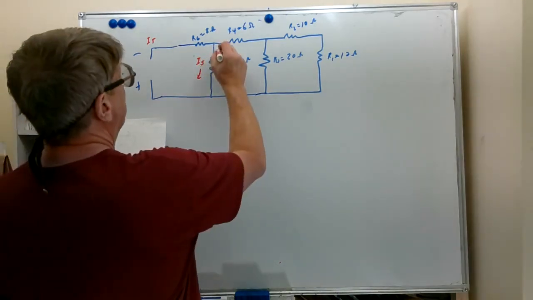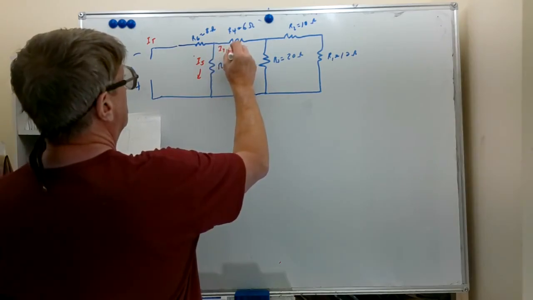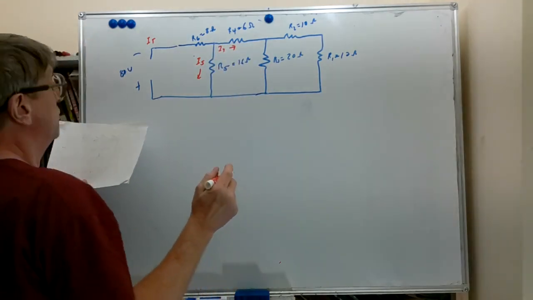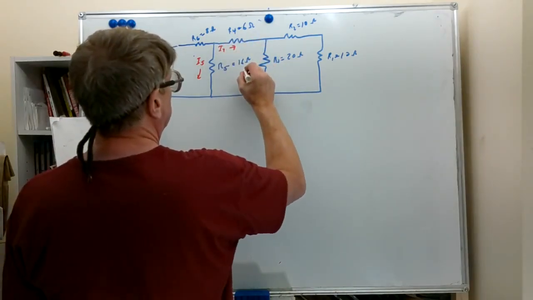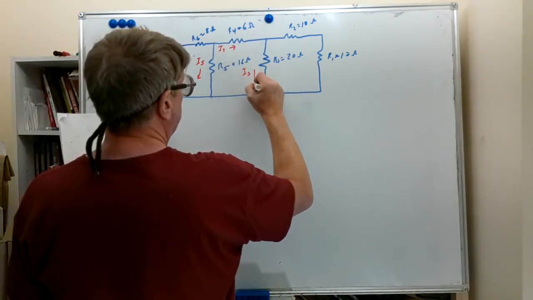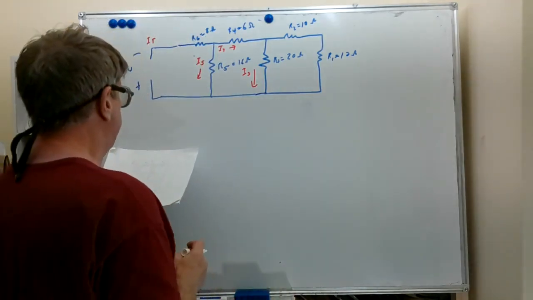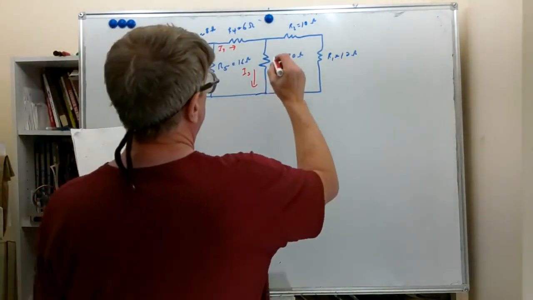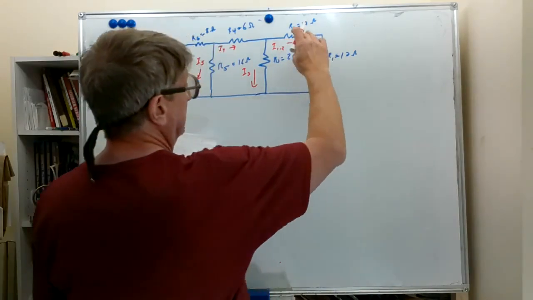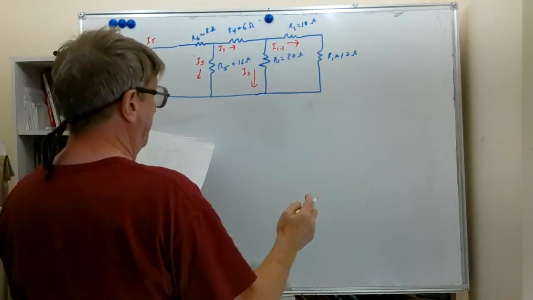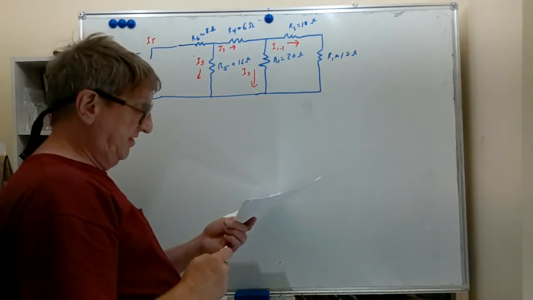We want to find I4, the current through resistor 4. We want to find I3, the current through resistor 3. We want to find I1 and 2, which is going to be the current through R1 and R2. They're in series. It's going to be the same current.